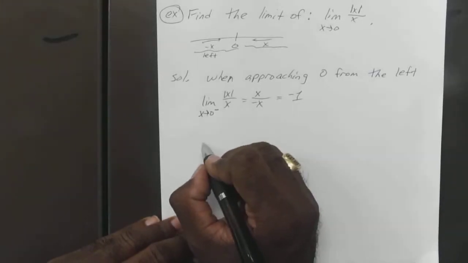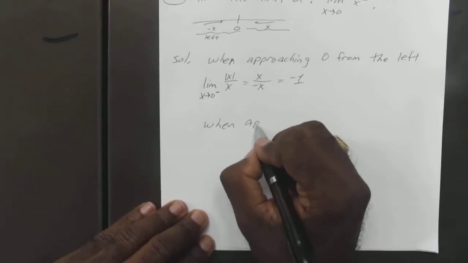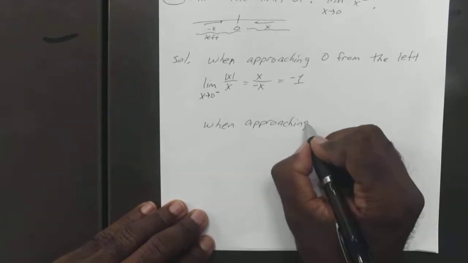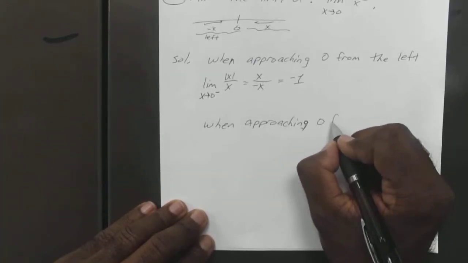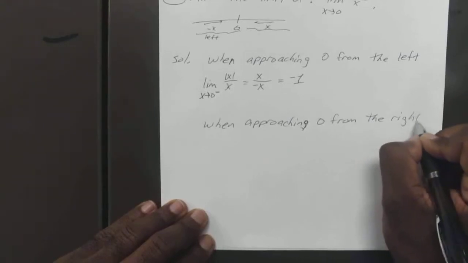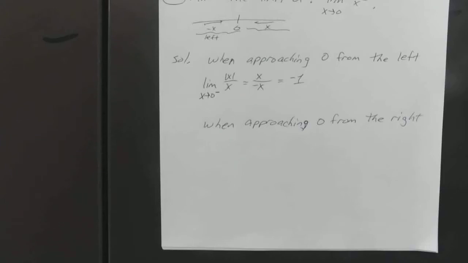Okay, but if you have, when approaching 0 from the right, then that means you're just going to have a positive x. So you have the absolute value of a positive x over a positive x.